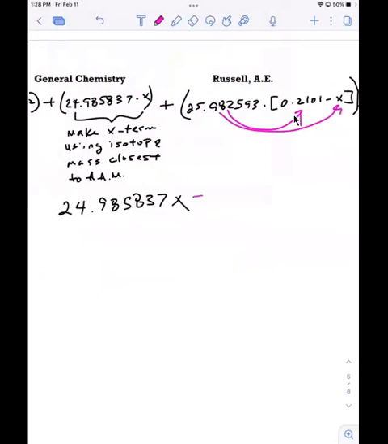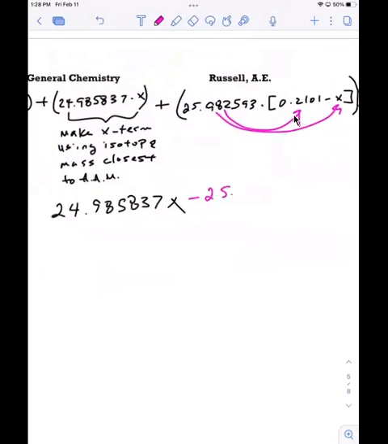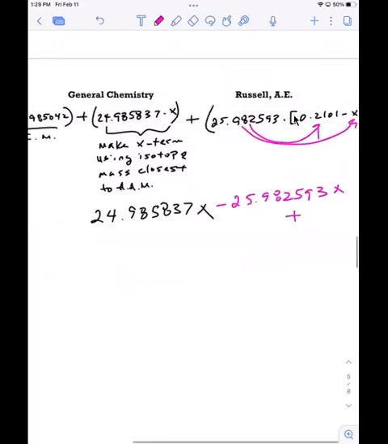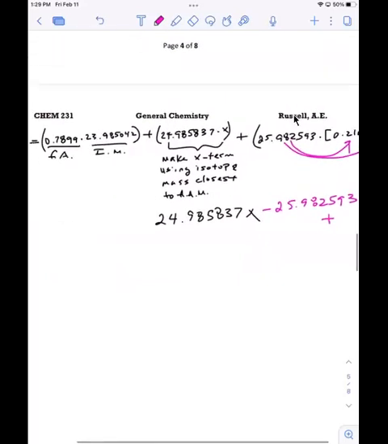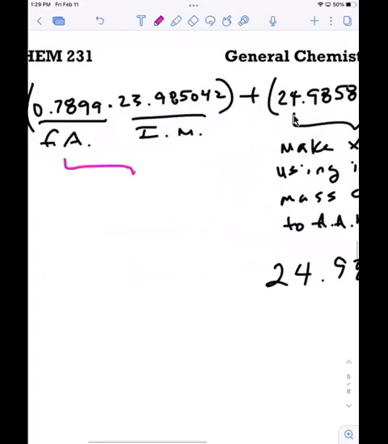So that's going to be minus 25.982593X plus, can somebody calculate that number? 25.982593 times 0.2101. And while somebody's calculating that, I need somebody to calculate this number right here: 0.7899 times 23.985042.